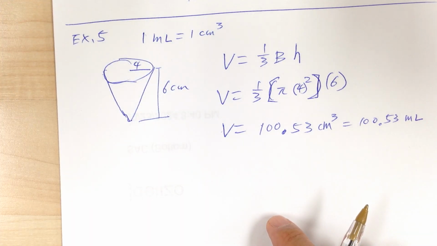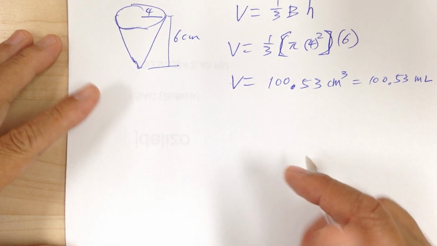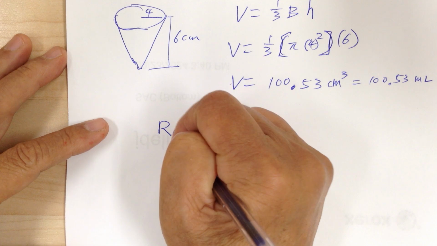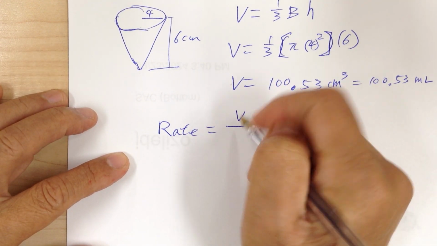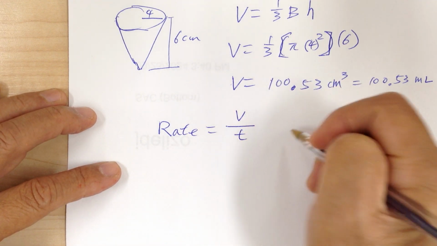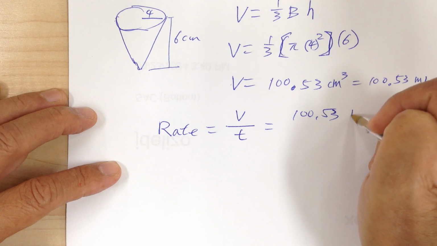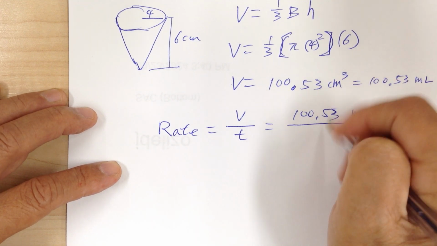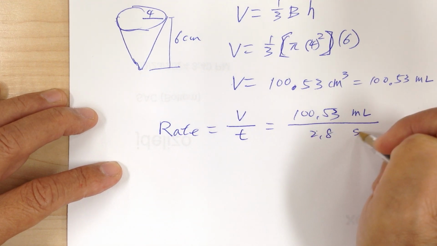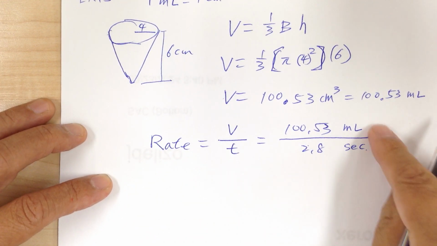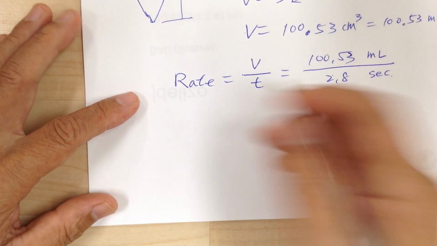Now we're going to find the flow rate. The rate will equal the volume divided by time. So this will equal 100.53 milliliters divided by the time, which is 2.8 seconds. You can write down the labels; it helps you check if you're doing it correctly.